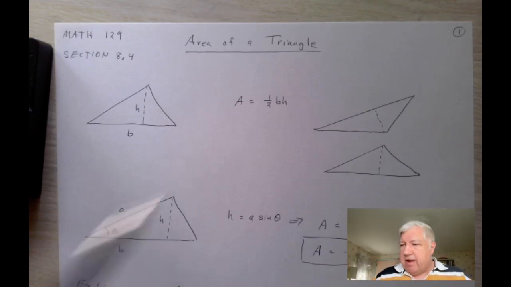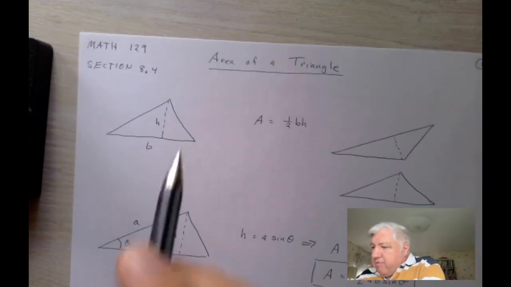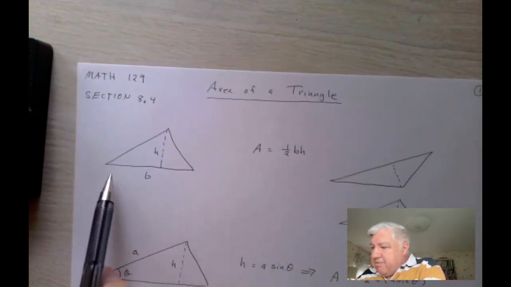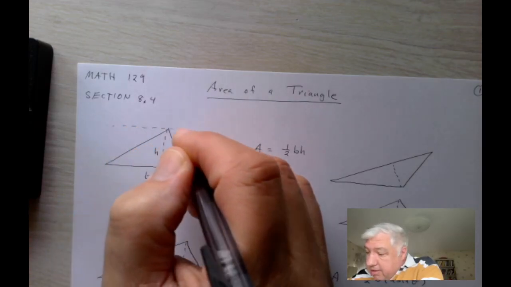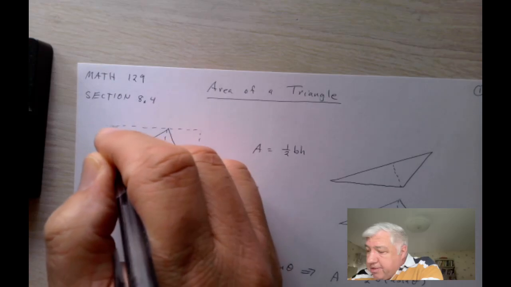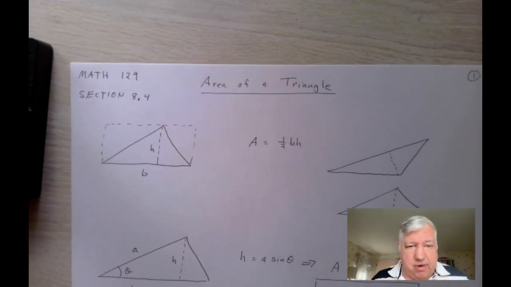This is a great formula to use if you know what the base is and you know what the height is. But there are some other things that come up where things aren't always that simple. The reason why this is true is because when the triangle is like this, we can draw a box around it so that the whole triangle can be contained in this rectangle.